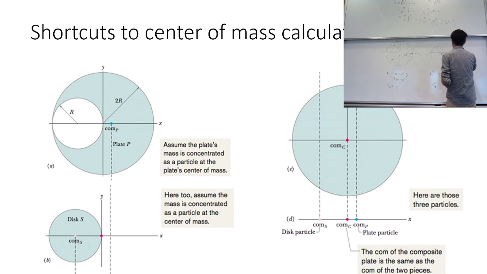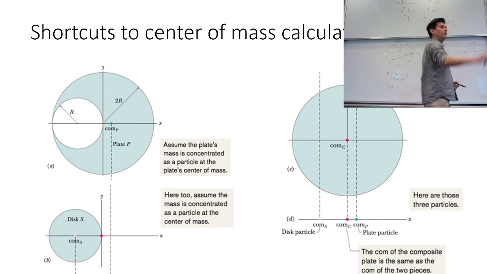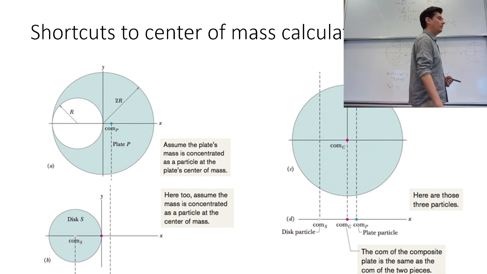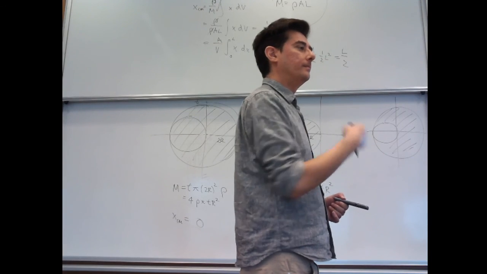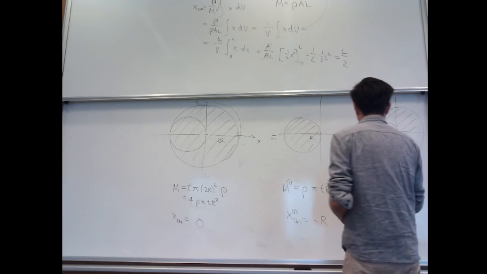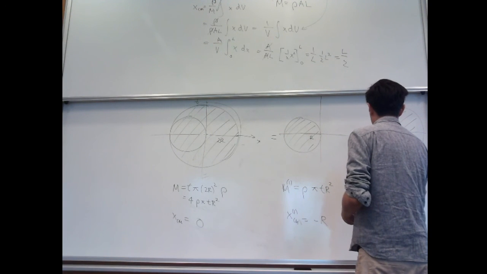And basically, the combination of this one plus the thing with the hole that's missing is the second piece.